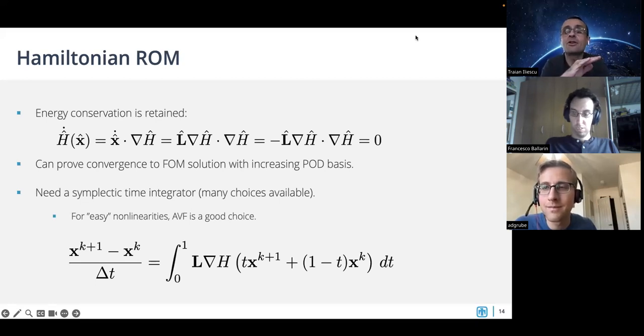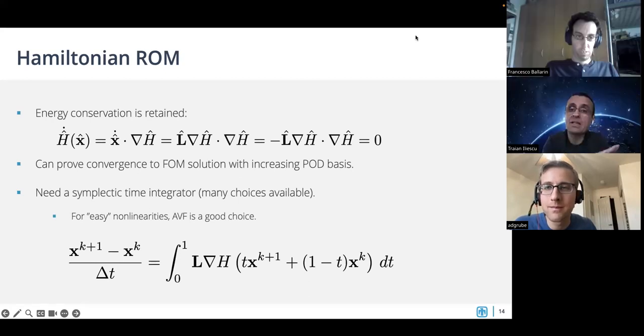So you're talking about this convergence for the Hamiltonian ROM, but not for the Galerkin ROM, if I understood correctly.